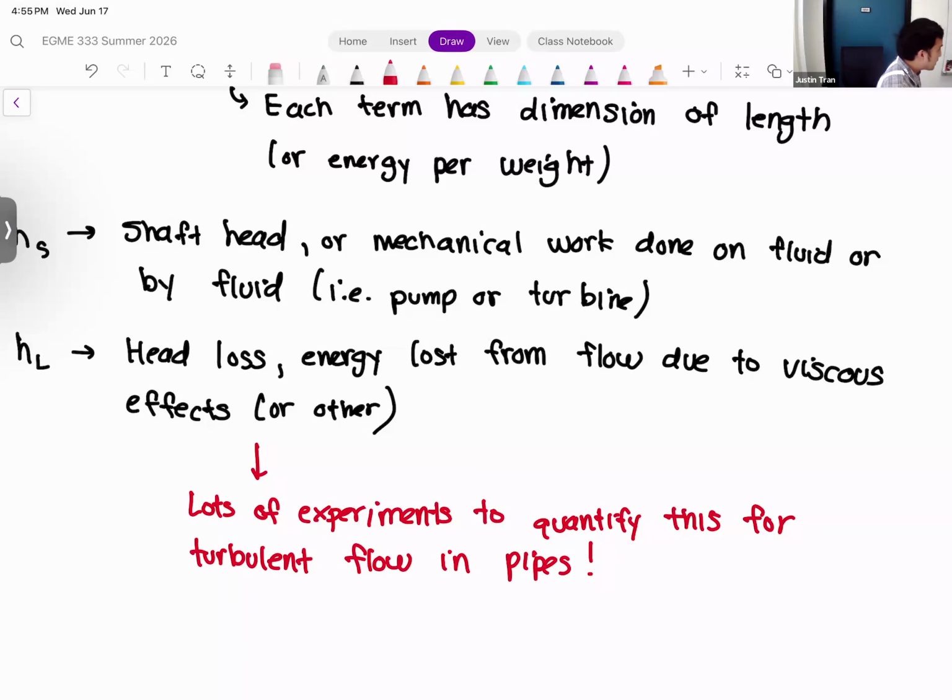So we are going to be relying on that data to compute these head losses, and then in turn use that to use our modified Bernoulli.